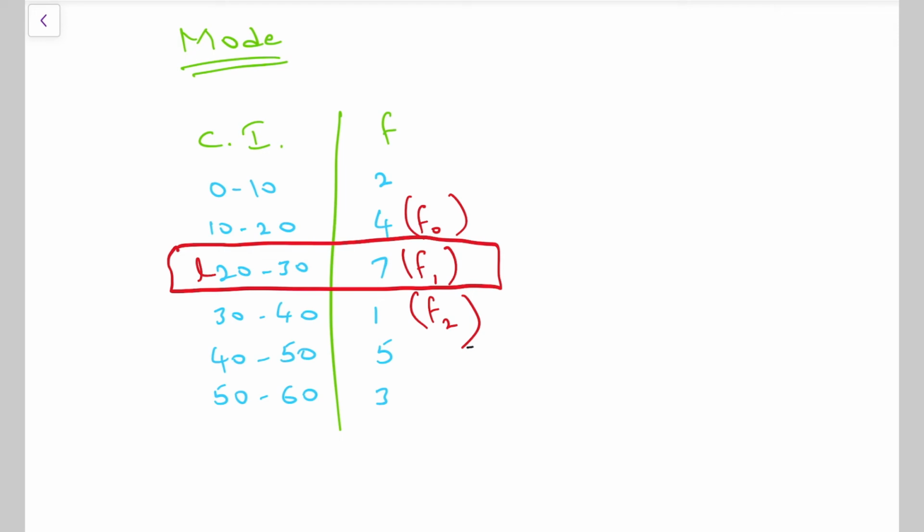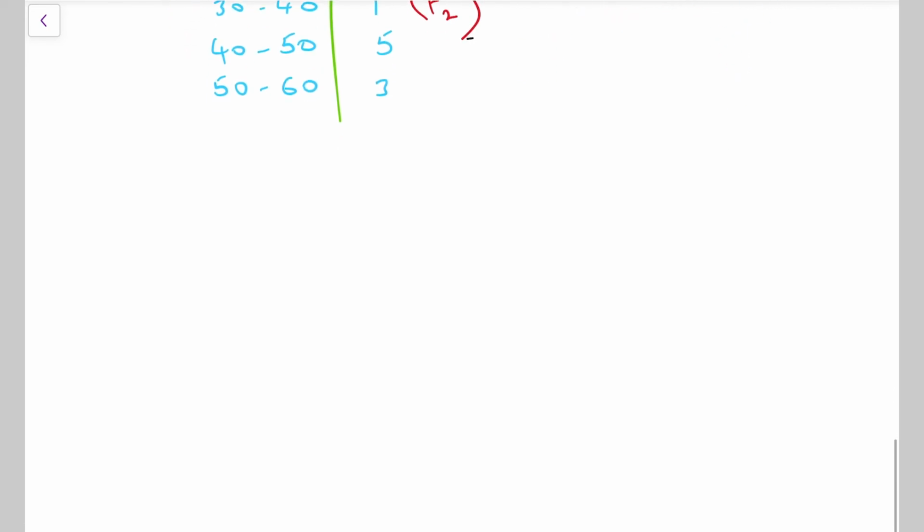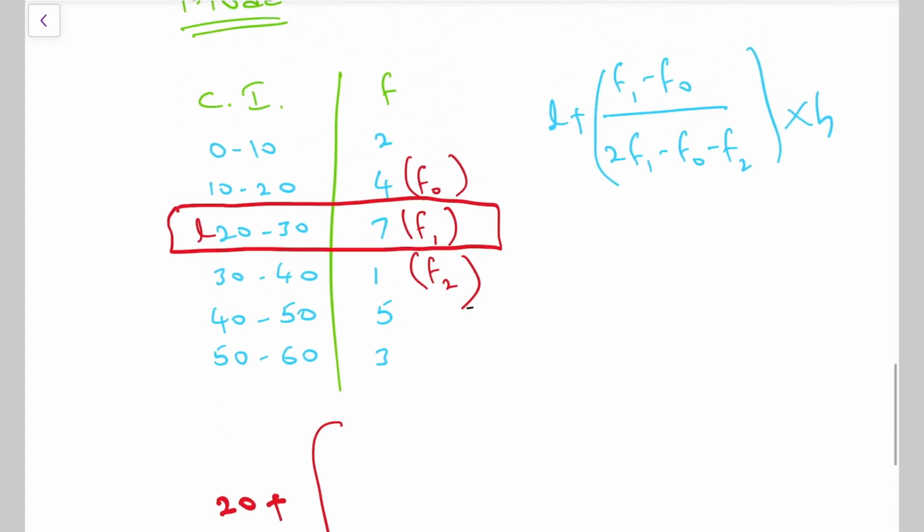Okay, now let us write the formula for mode. The formula for mode is L plus F1 minus F0 divided by 2F1 minus F0 minus F2 into H. Let us substitute one by one number now. First L is 20 plus F1 minus F0.